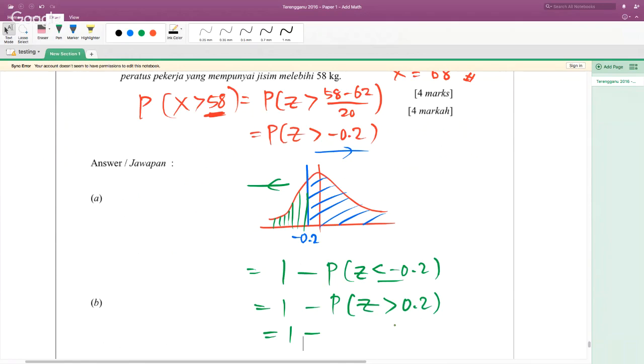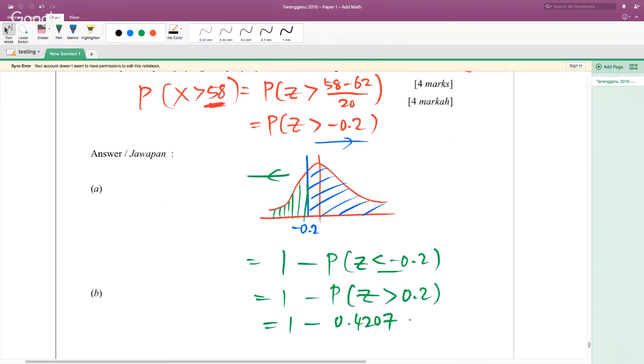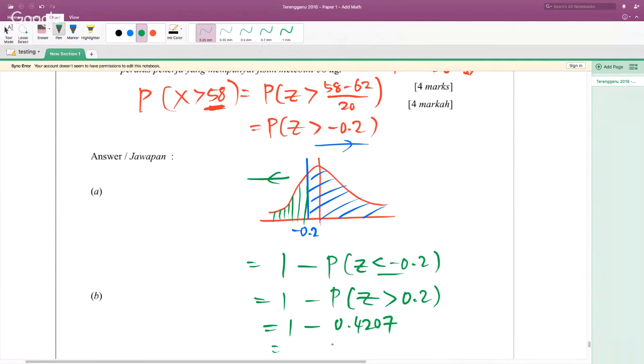Okay, so 0.2 is 0.4207. Then you can easily get your final answer, which should be 0.3975. Yep, should be this one.